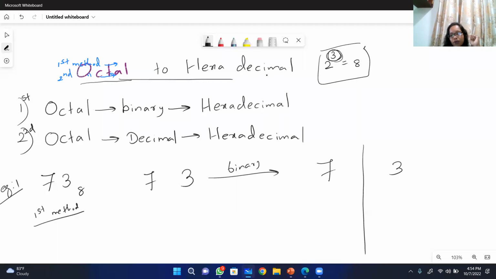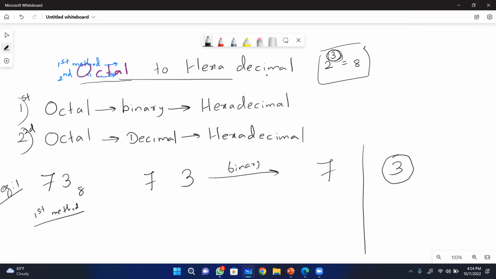Can one of you tell me what would be the binary value of 3 in 3 bits? What would be the binary value of 3 in binary? And you have to give the answer for me in 3 bits. Teacher, 011. Yes, 011.